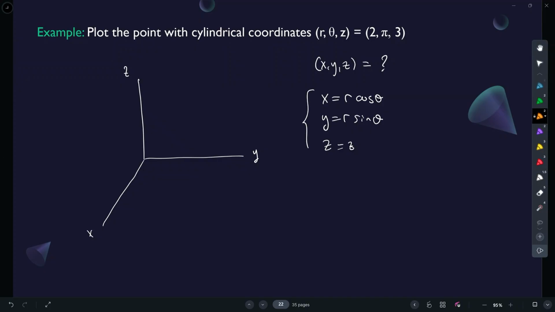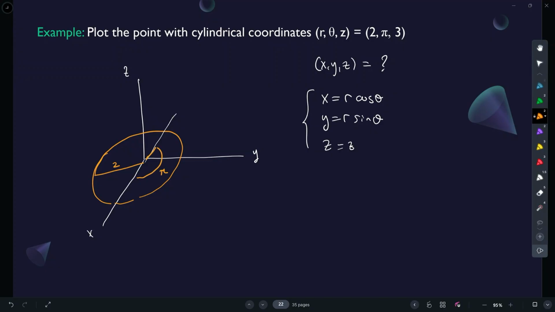They tell me the projection of my point is 2 away from the origin. So if I draw a circle in the xy plane of radius 2, it has to be somewhere in that circle of radius 2 in the xy plane. And the angle has to be pi from the x-axis. So if the angle is pi, I have to go from here all the way here because it has to be pi.